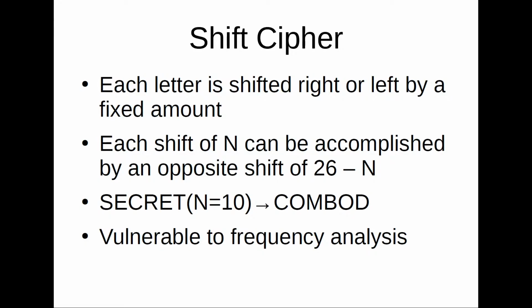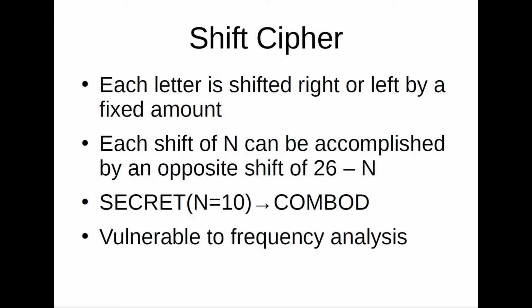And shift ciphers are extremely vulnerable to frequency analysis because each letter just becomes another letter with no variation in between, basically. So if E is the most frequent letter, and you have a bunch of text shifted over 10, O will be the most common letter.